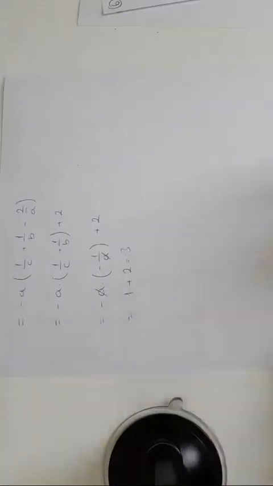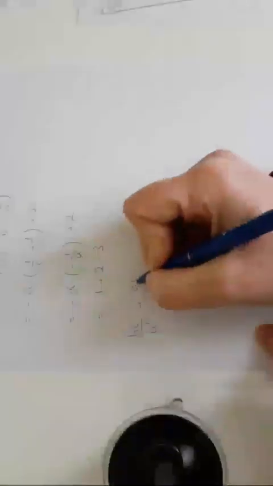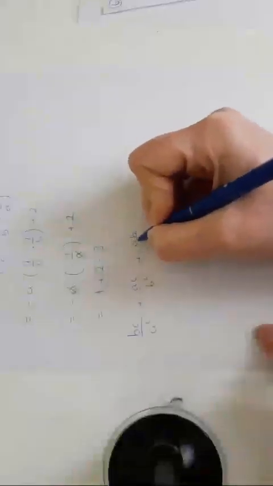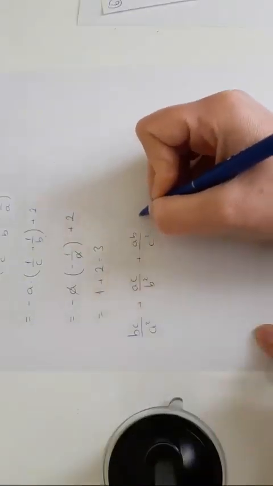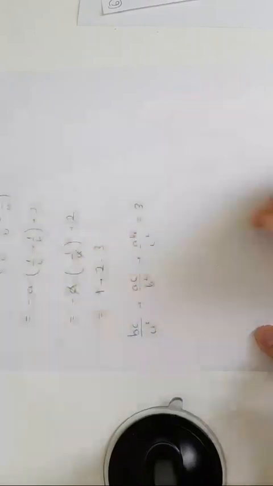And the question was to show that BC over A squared plus AC over B squared plus AB over C squared is equal to 3. And here we show that it is 3. And this is the question.